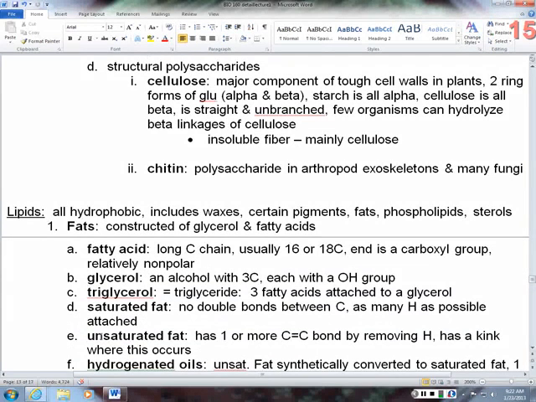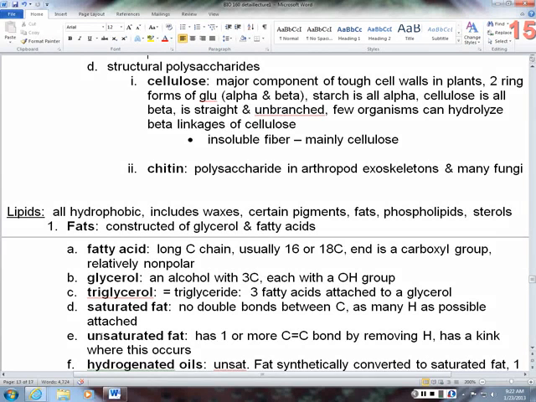So it's kind of a structure like this. And so they're commonly called a triglyceride in there or triglycerol. You got 3 fatty acids attached to the glycerol in there.